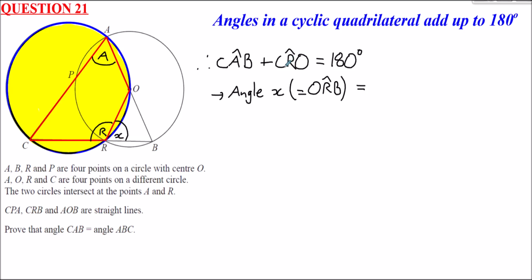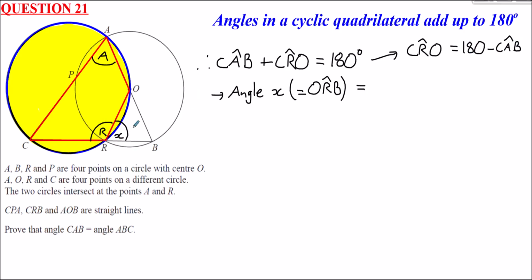Now, we can understand what CRO is from here by rearranging. If we take CAB from both sides here, we can see that CRO will be 180 minus angle CAB.